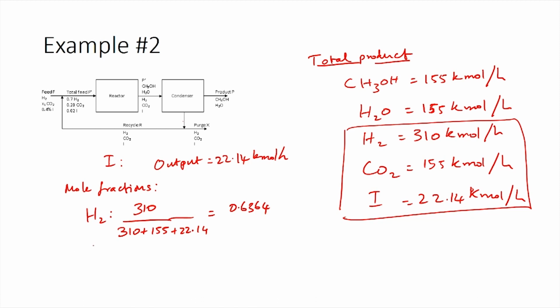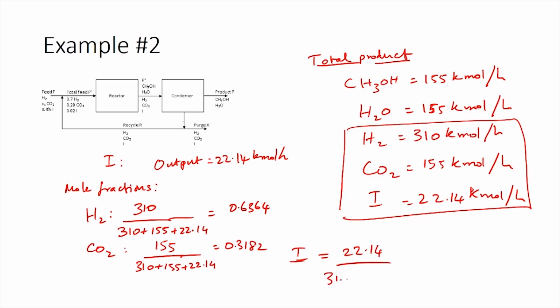0.6364, and similarly for carbon dioxide the mole fraction would be 155 divided by 310 plus 155 plus 22.14, giving you a value of 0.3182, and inerts would be 22.14 divided by 310 plus 155 plus 22.14, giving you a value of 0.0454.